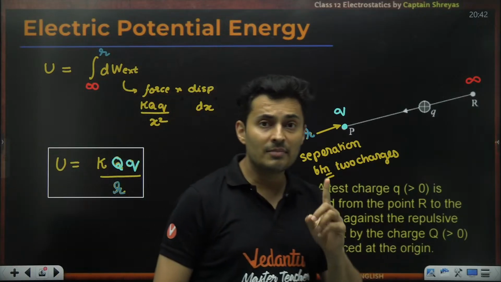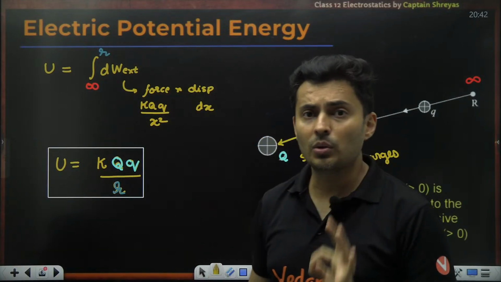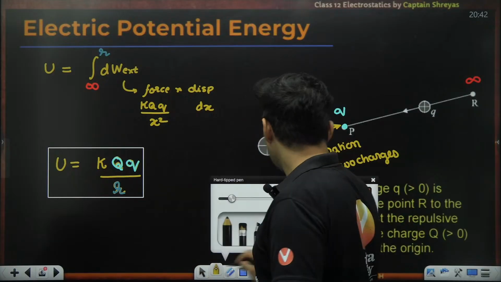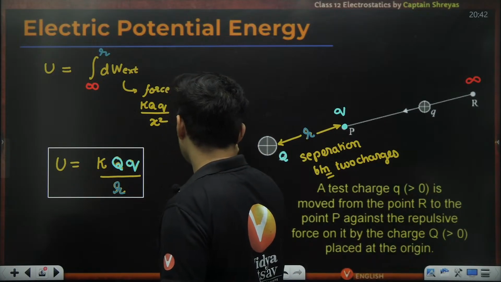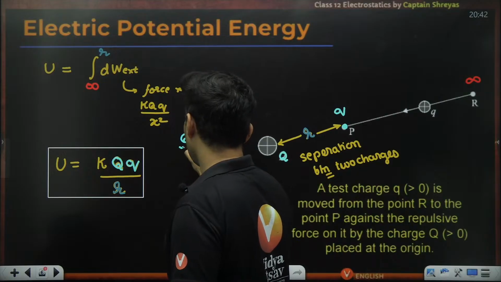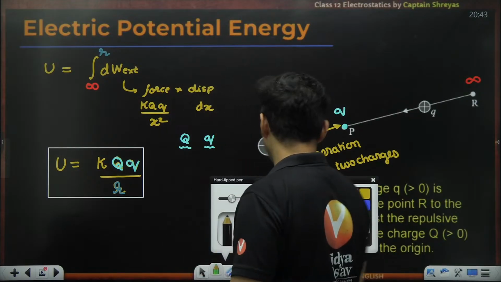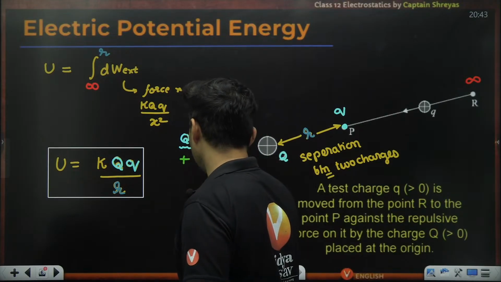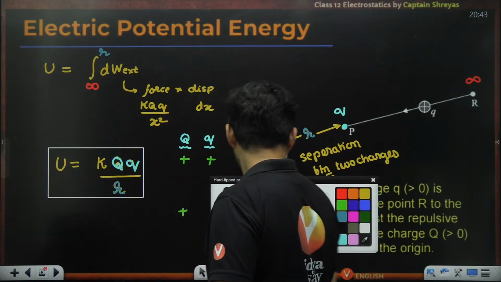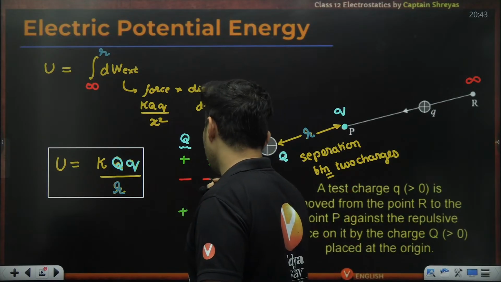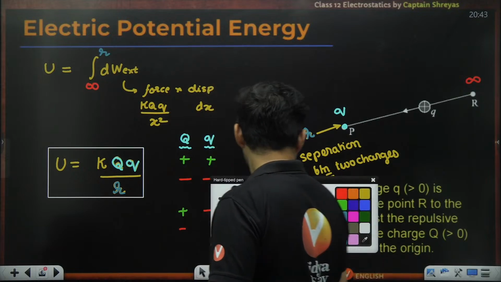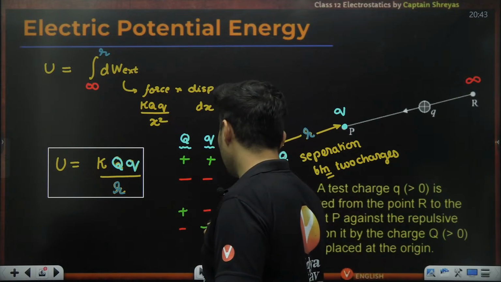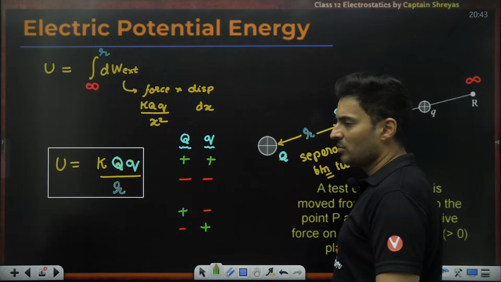But there is a simple understanding which you need to know. If you talk about both these charges, let's say both the charges are positive, or both the charges are negative, or one charge is positive and the other charge is negative. These are the only combinations possible.